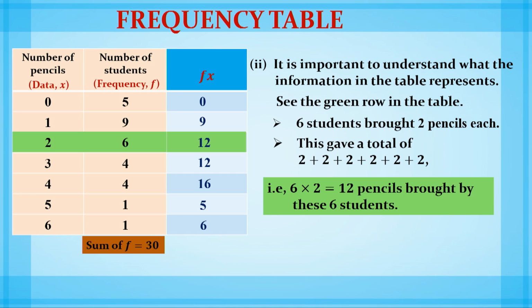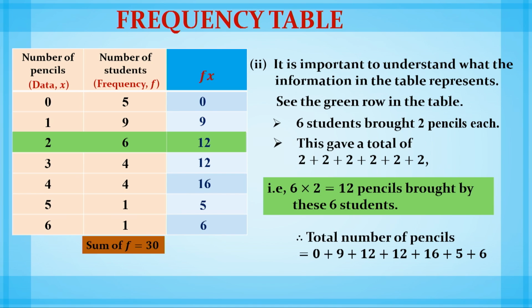Now, therefore, the total number of pencils is equal to the sum of all values found in the column representing the product fx, which is equal to 60. Hence, sum of fx is equal to the total number of pencils, which is 60.